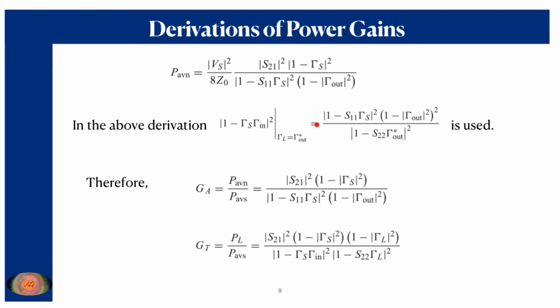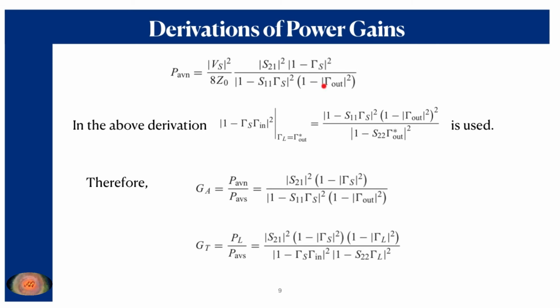Considering this expression for the mod square of 1 minus gamma s times gamma in, if you replace this expression in my previously available expression for the PAVN, then the simplified expression of the power available from the network can be obtained as shown over here.